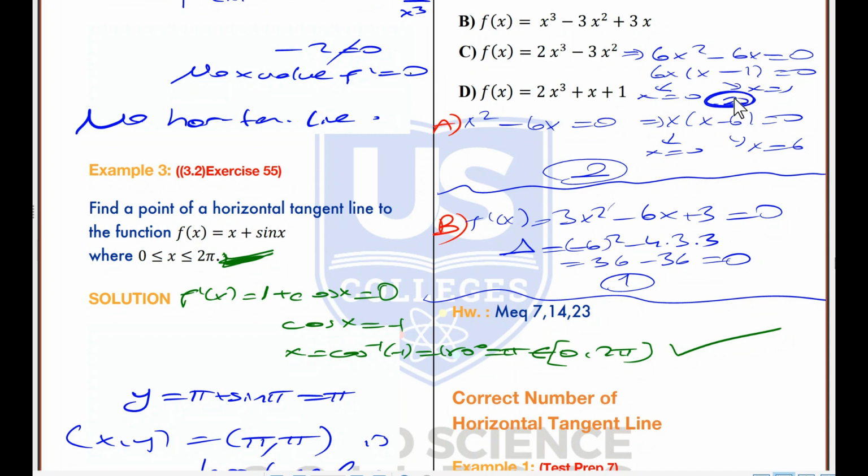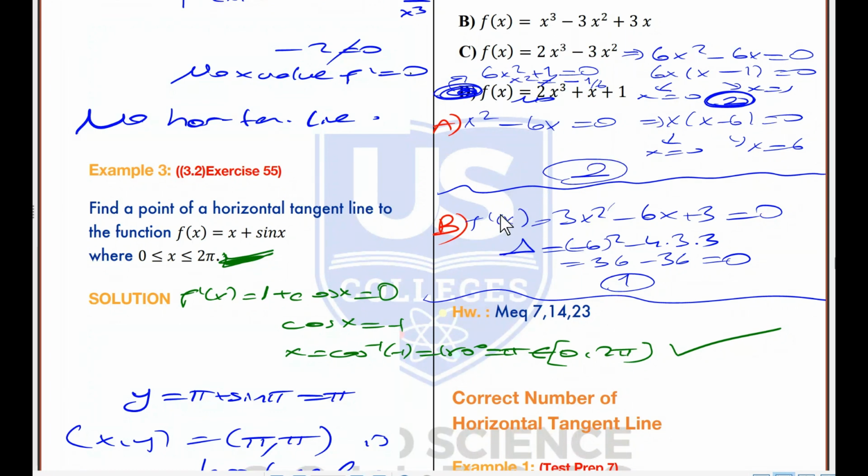We have two horizontal tangent lines. Last option, derivative of 2x cubed, 6x squared plus derivative of x, 1, being 0. Move 1 to the other side, x squared being negative 1 over 6. X squared being negative is impossible, so there is no solution, no horizontal tangent line.